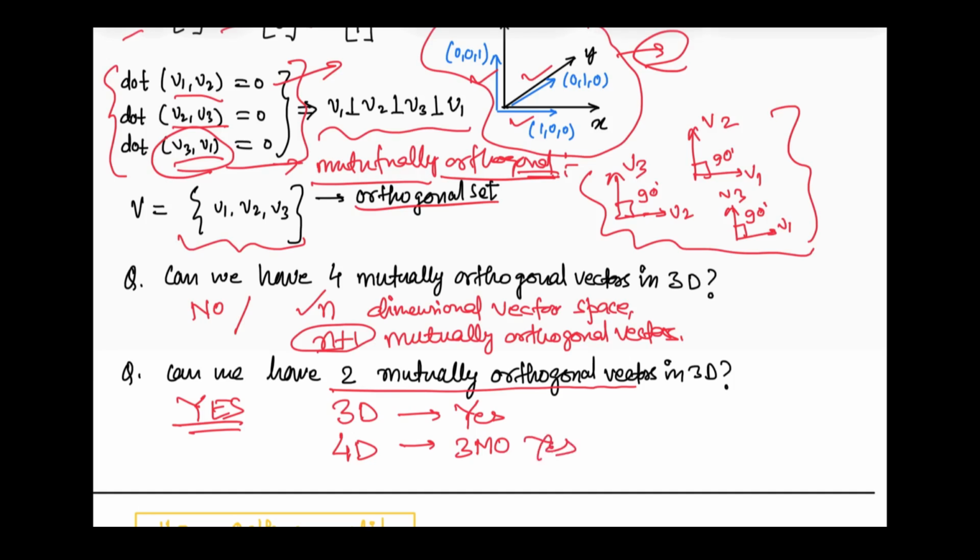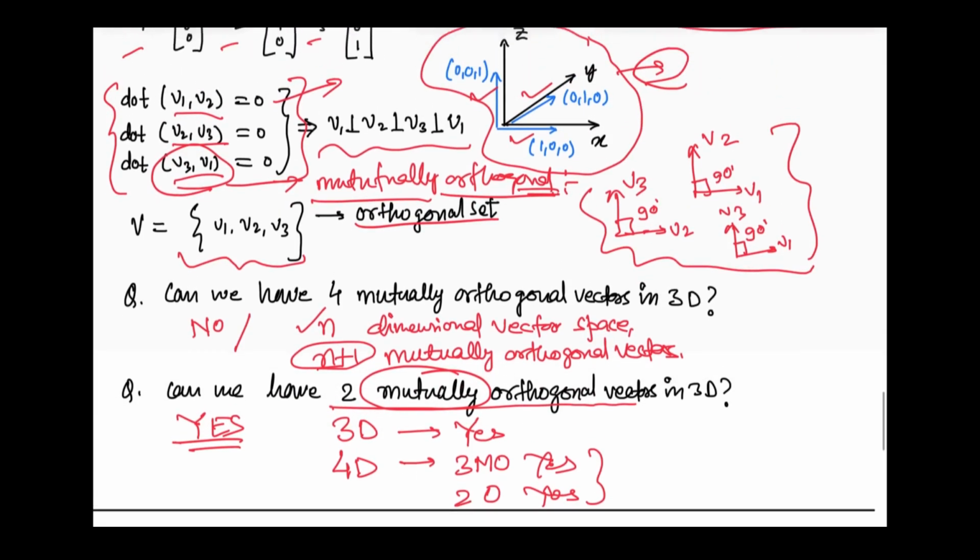Yes, we can. Can we have two orthogonal vectors? When we have only two vectors, there is no purpose in saying mutually orthogonal, but okay, two orthogonal vectors, again we can say yes. So we can have a set of orthogonal vectors with fewer elements than the dimension of the space.